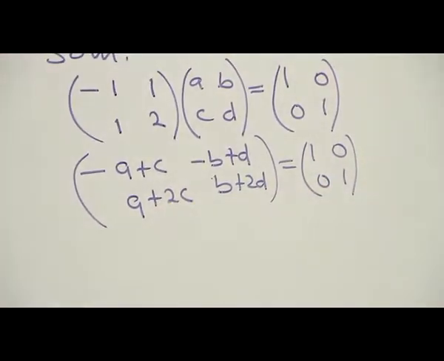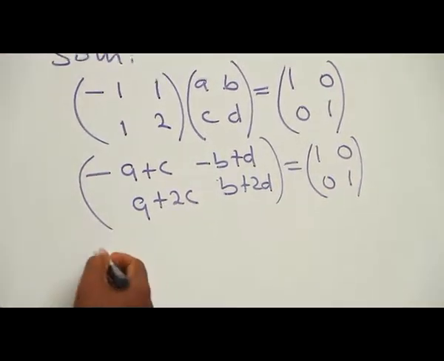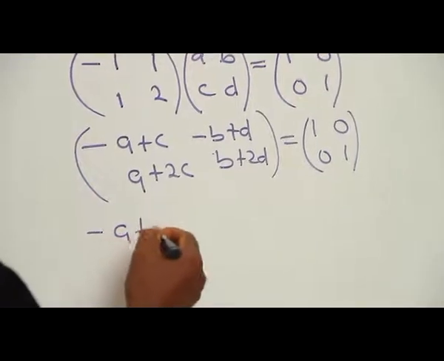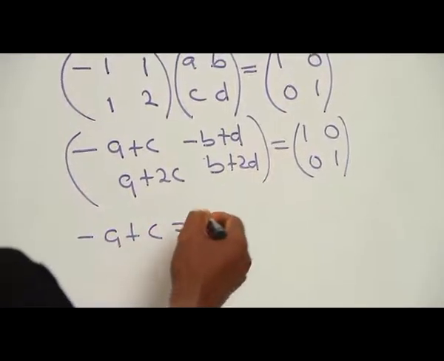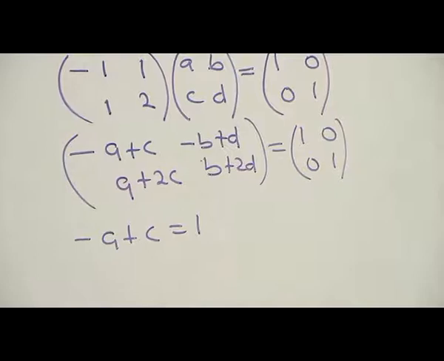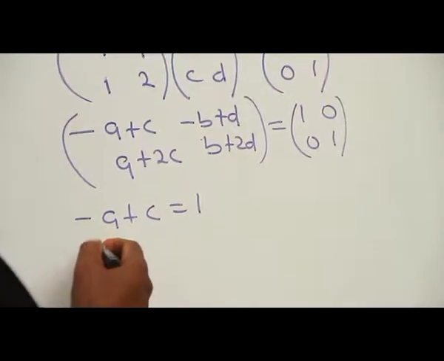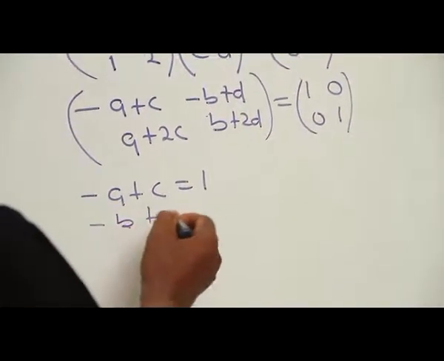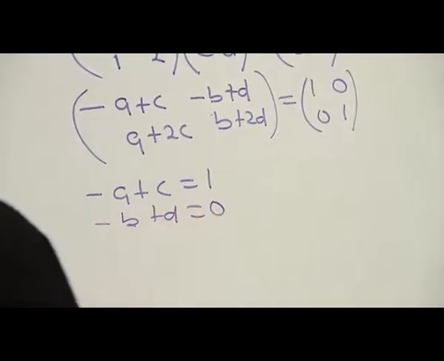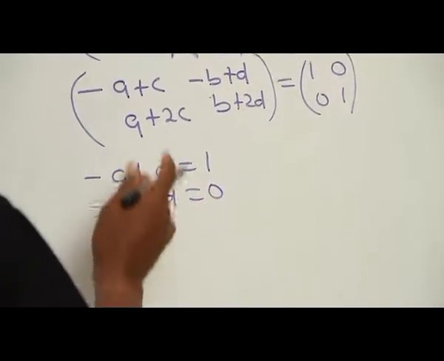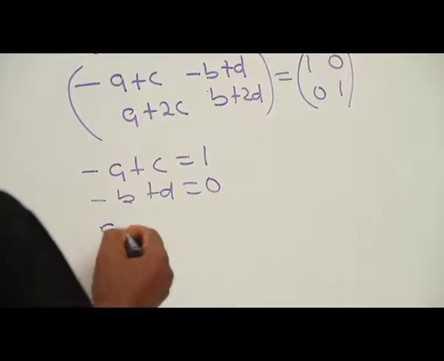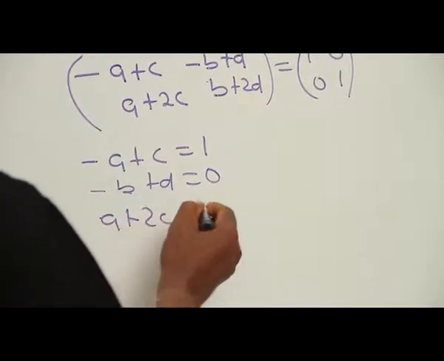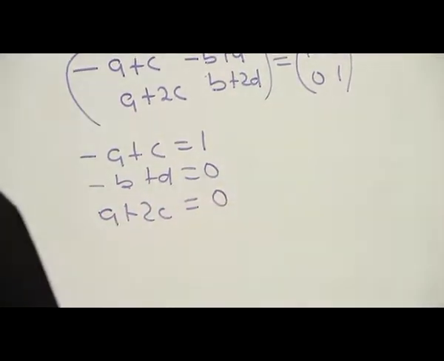Now, what next? You can now equate your minus A plus C is equal to 1. You also have here your minus B plus D is equal to 0. You also have your A plus 2C is equal to 0.